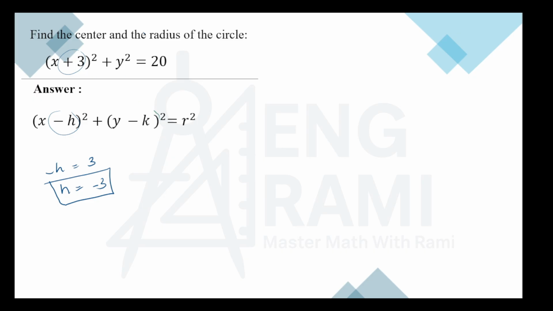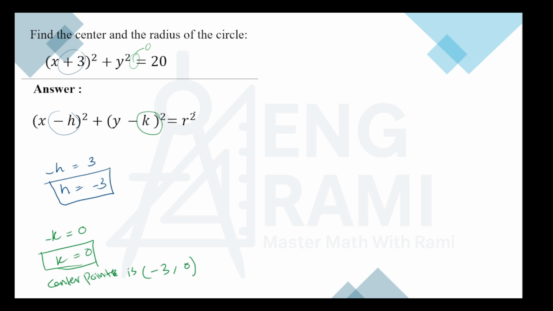And k equals, there's nothing, then 0. Minus k equals 0. Then k equals 0. Okay? The center point is minus 3 and 0.